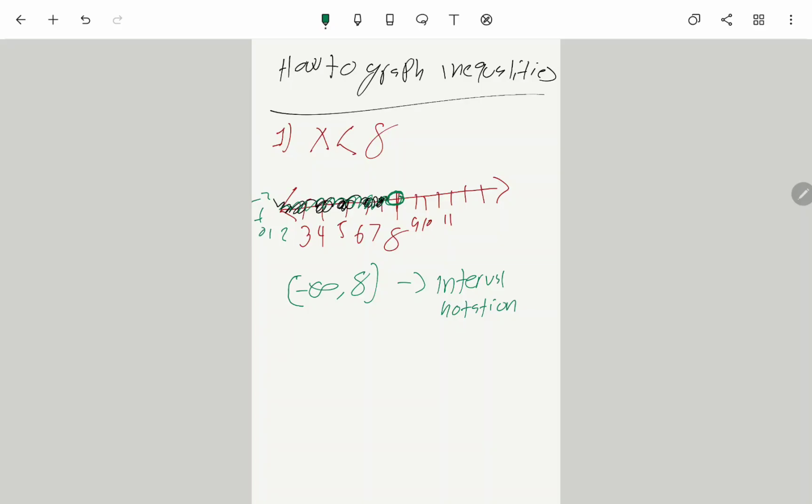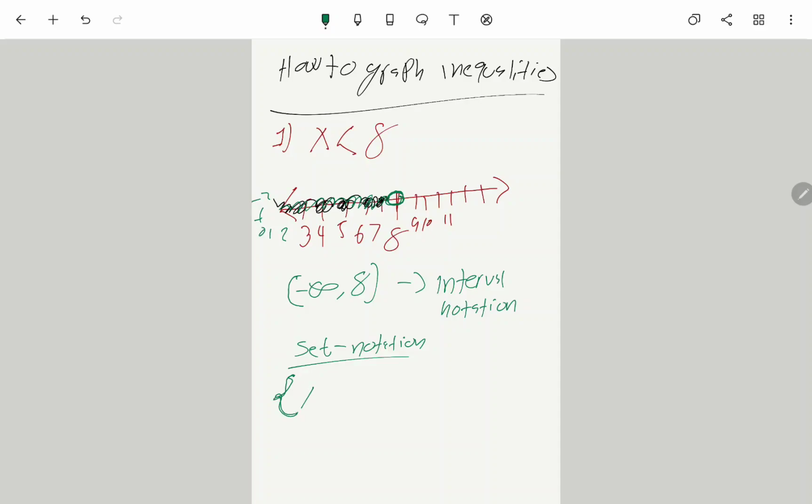Now we're talking about set notation. Your set notation is easy. It's the easiest way. Set notation is like a bracket, like this.